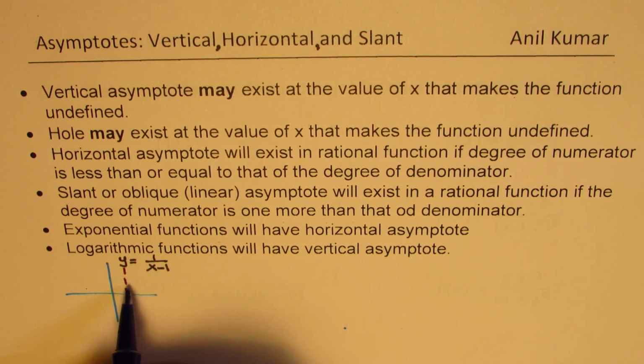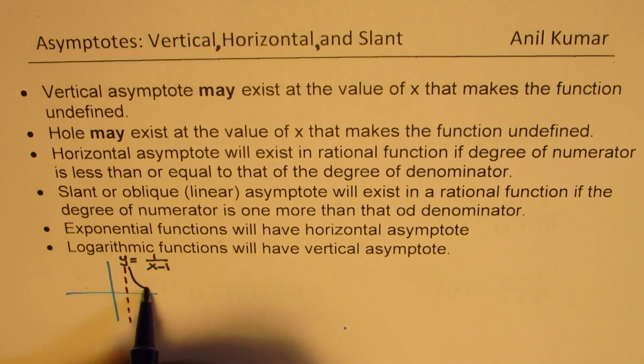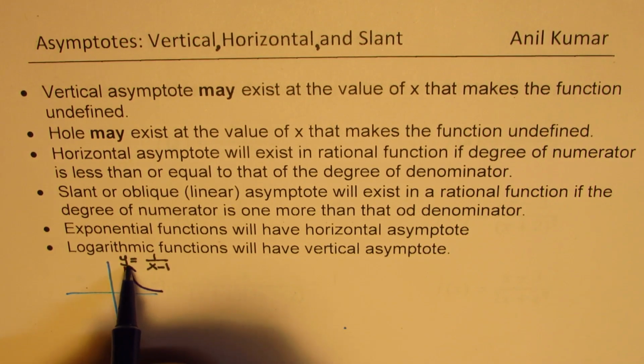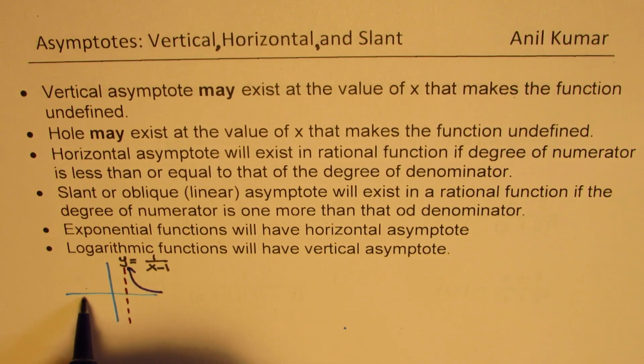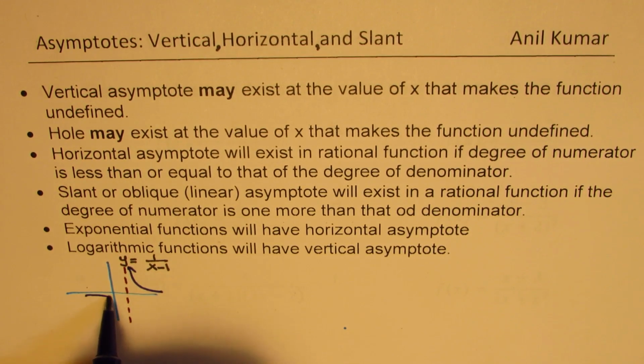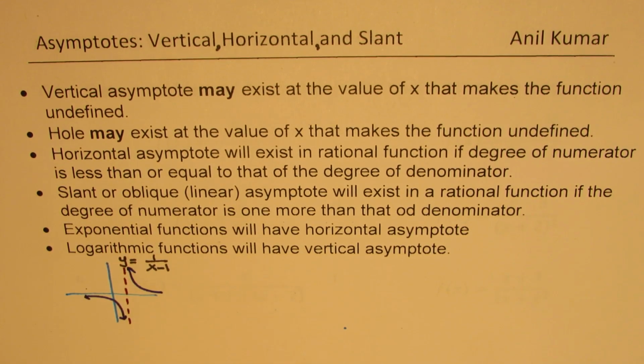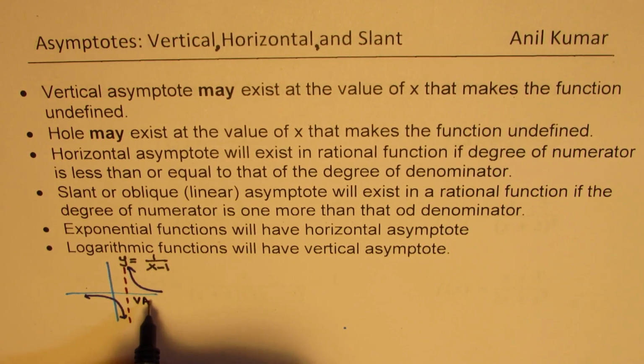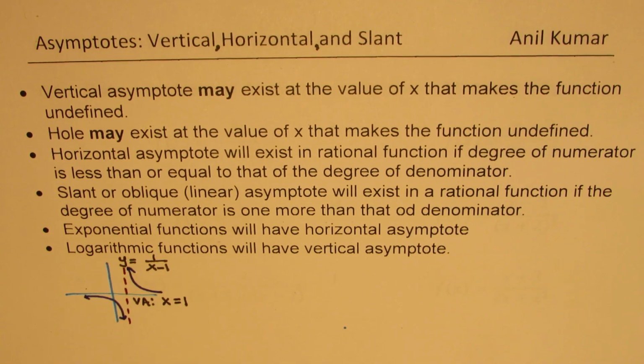From the right side it will approach positive infinity, and from the left side it is going to approach negative infinity, right? So at this place we do have a vertical asymptote. We'll write this as VA, and the equation of this vertical line is x equals 1.